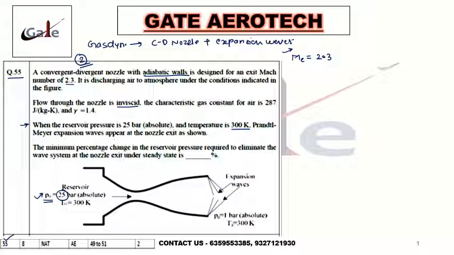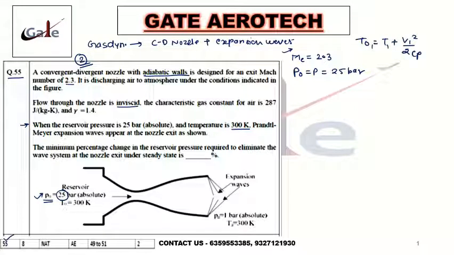Let me write first the given data, then we will discuss. If you see the reservoir condition they have given, I'm writing it like this. I hope you understand what is P naught and what is P. In the reservoir the velocity is almost zero, so stagnation and static properties become equal. Taking the example of temperature, I hope you are aware of this equation.